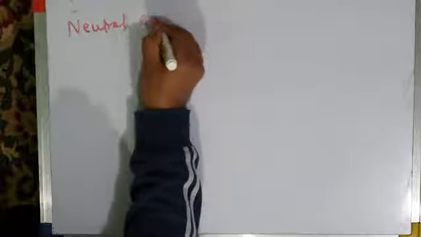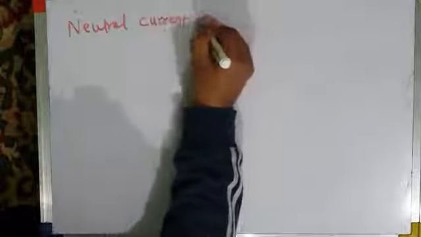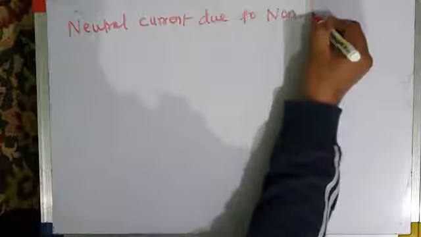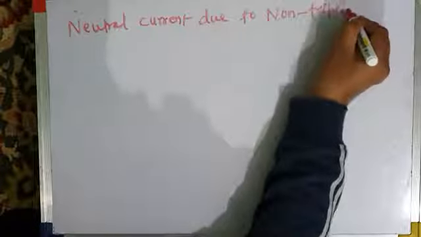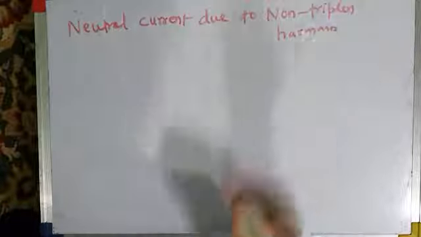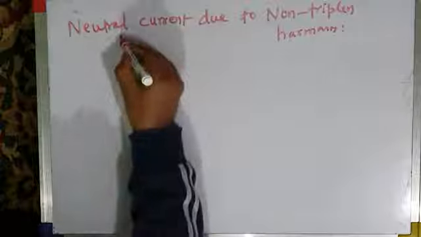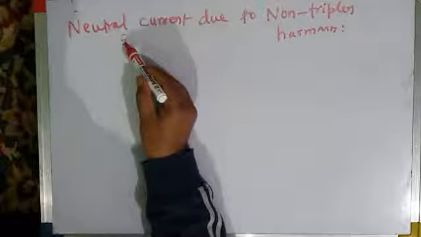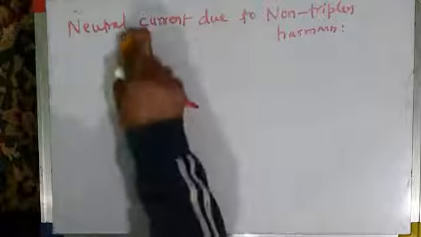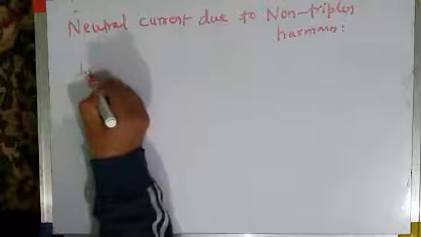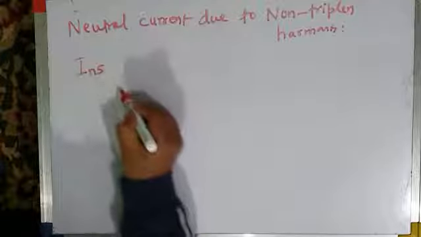Well, first of all, take the contribution of non-triplen harmonics. I will write here neutral current due to non-triplen harmonics. Now, the first non-triplen harmonic is the fifth harmonic, because it is not a multiple of 3. Those harmonics which are not a multiple of 3 are called non-triplen harmonics. So I will write neutral current because of fifth harmonic, IN5.